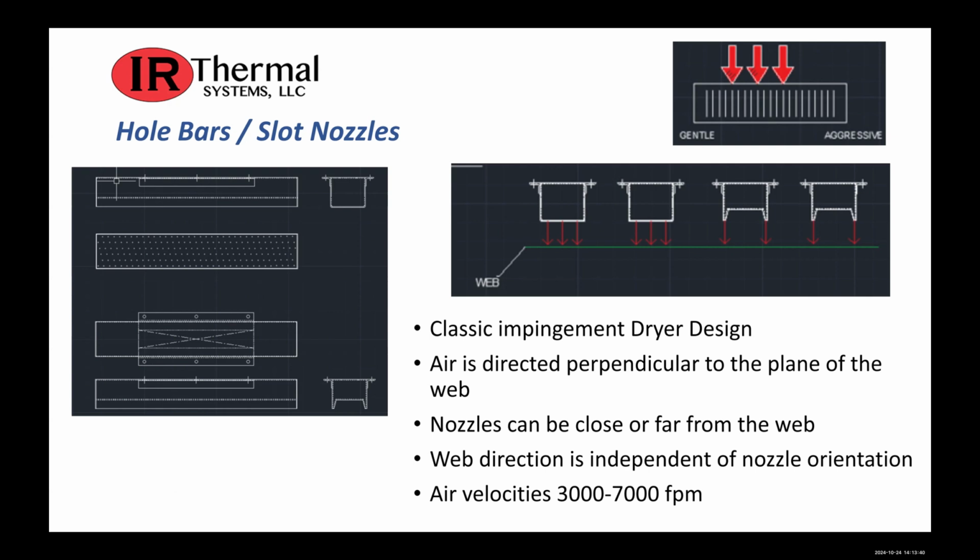In these classic impingement dryers, the air is directed perpendicular to the web. The nozzles are set up so that they can be moved close or far from the web, depending on how intense you want the impingement, and the web direction is independent of the nozzle orientation. Common air velocities for these types of systems are 3 to 7,000 feet per minute, but we're not limited to that.